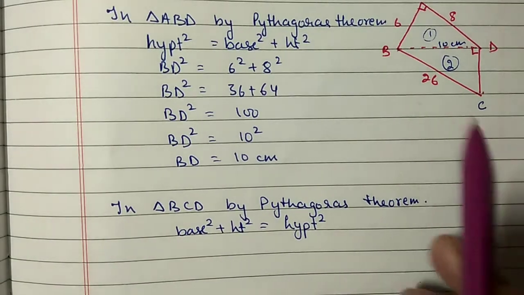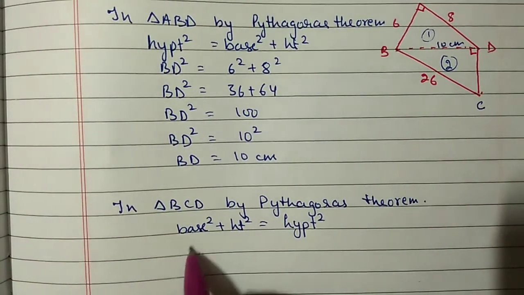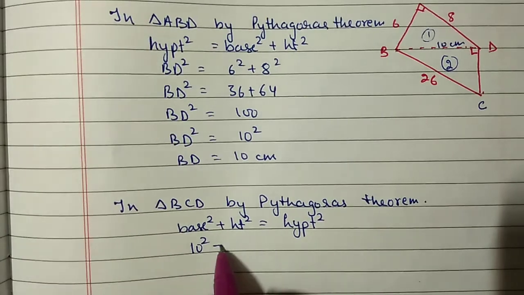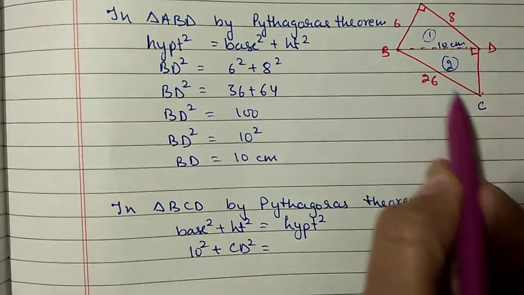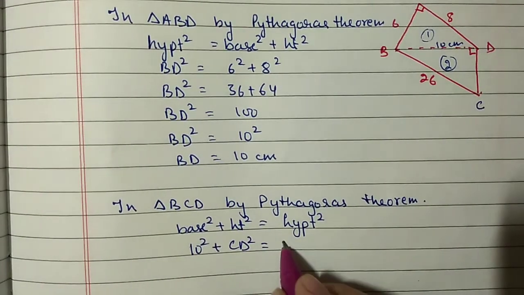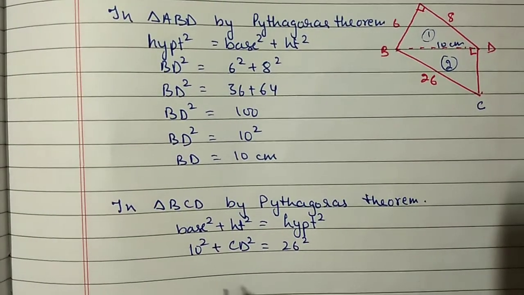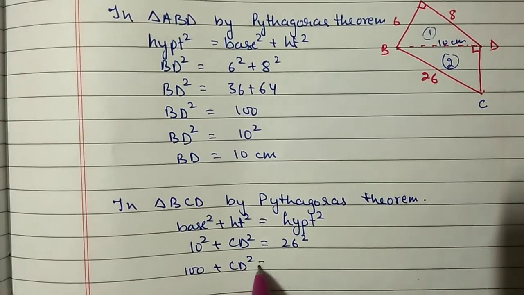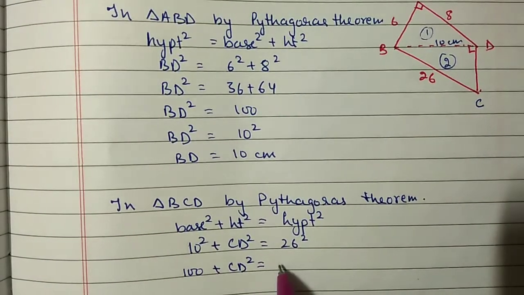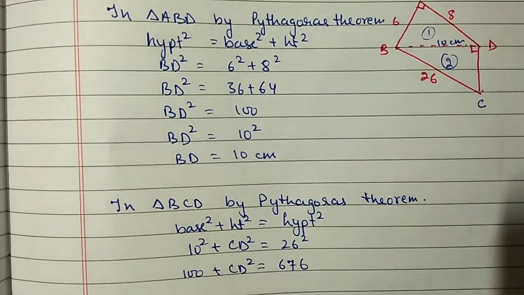So base you can take this 10 centimeter, and height we have to find out, CD, and hypotenuse is this side opposite to 90 degree, 26 square. 10 square is 100, CD square, and 26 square is equal to 676.